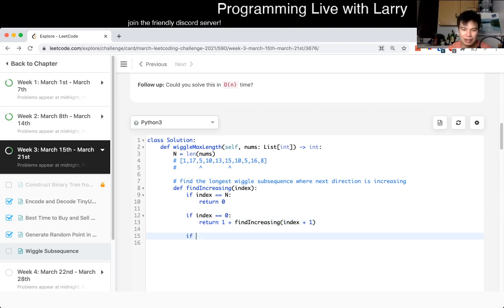If index is greater than 0, else we want to check if the numbers of index is greater than or equal to, because if it's equal, then we compress it anyway, numbers of index minus 1, then we return find increasing of index plus 1.